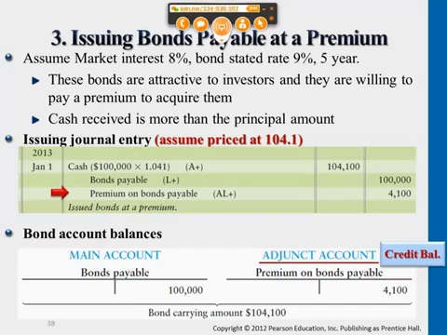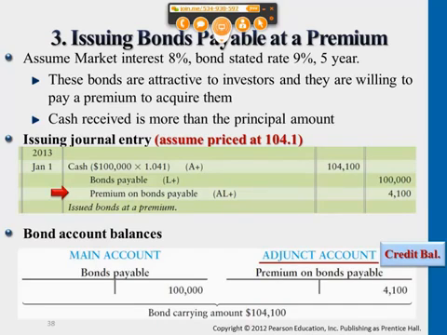In this journal entry, on the debit side, cash is the bond's face value times the price. Don't forget that a bond's price is often listed as a quoted percentage of the face value. In a discount case, it could be issued at a price of 95 or 98, lower than 100%. In the case of a premium, it will be above 100%.